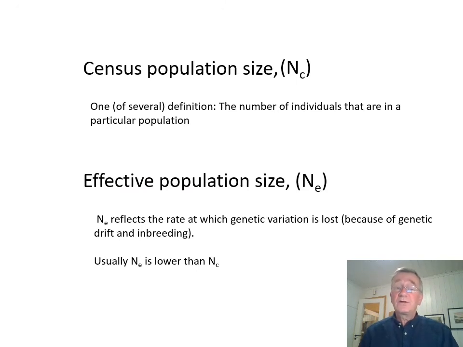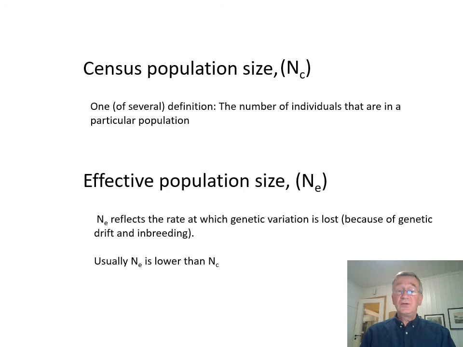So we talked about population size, and we talked about in the last slide that a small population size was much more vulnerable to allele fixation or allele extinction. So we have different ways of looking at population size.